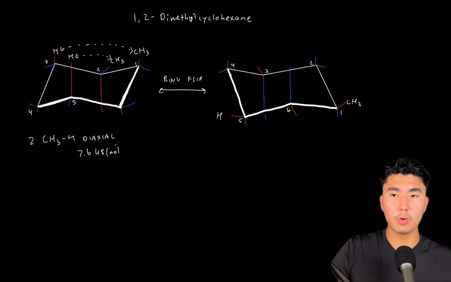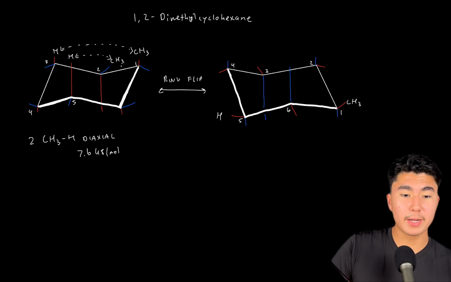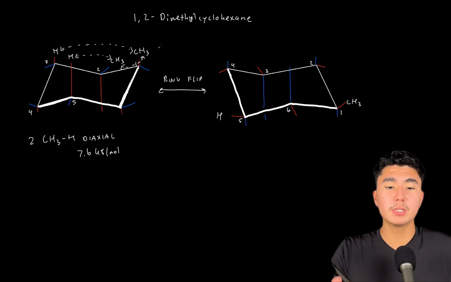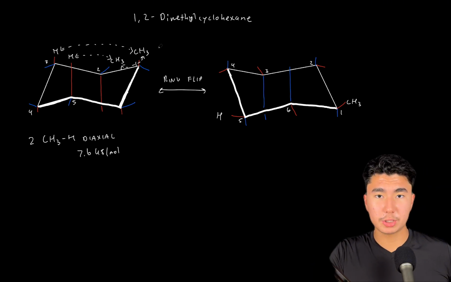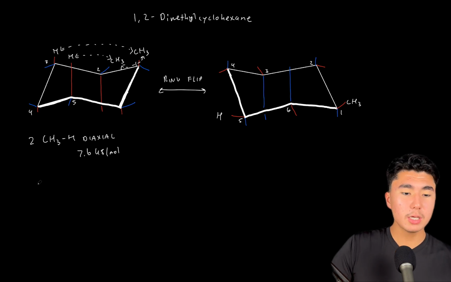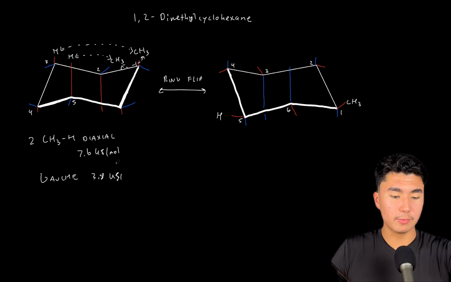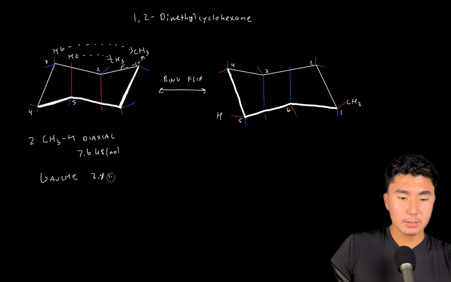per mole. Now we also have an interaction between these 2 methyl groups. It's not to the point where it's an eclipse interaction, but this is going to be a gauche interaction, gauche conformation. So if we write that down, we're going to have 3.8 kilojoules per mole.